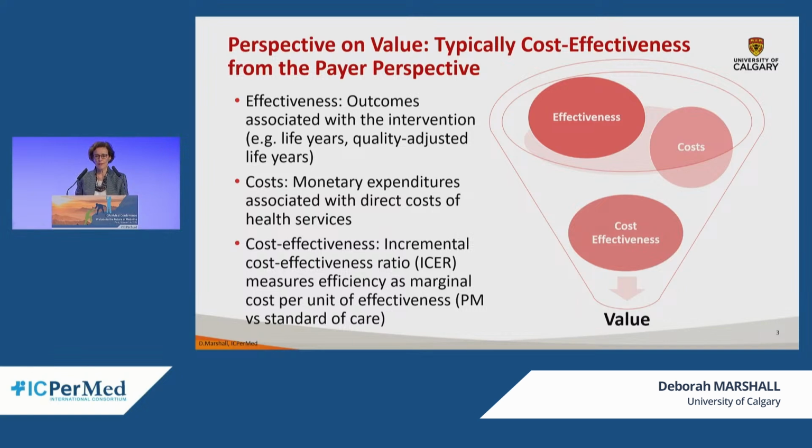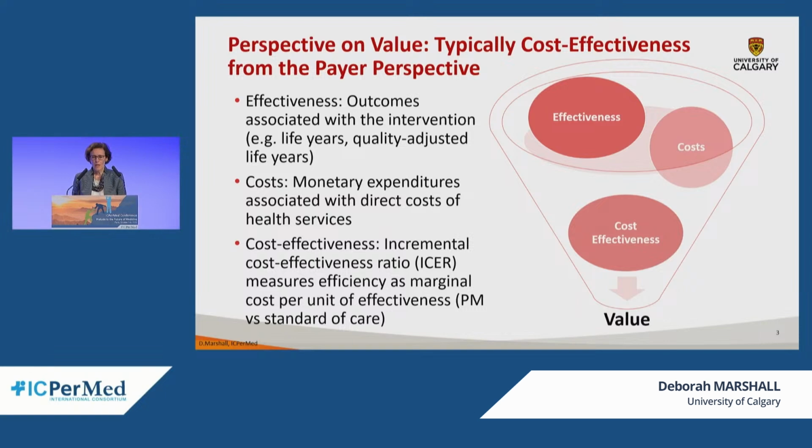So we look at effectiveness. Typically, life years are used. You've certainly probably heard of the QALY, our friend the QALY, the Quality Adjusted Life Year, which is very contentious amongst my colleagues. And then secondly, we look at costs, monetary expenditures, whether it's in euros or dollars or yen, that are associated with typically direct costs of health services, and this is a key point that I want to point out.